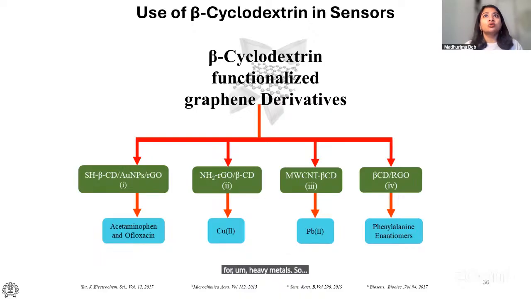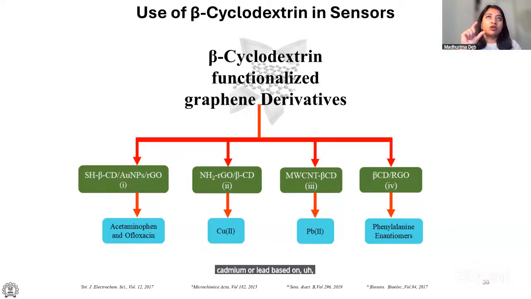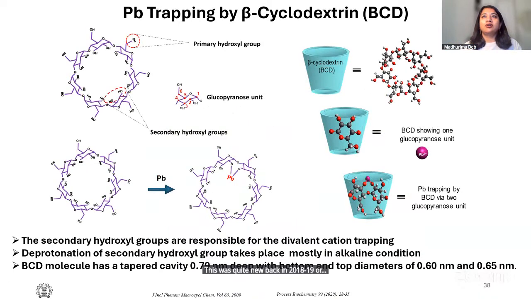Though there are also some studies that showed that beta cyclodextrin can capture cadmium or lead based on the internal radius of the cavity, but for sensing purposes, this was quite new back in 2018-19 or during that time.